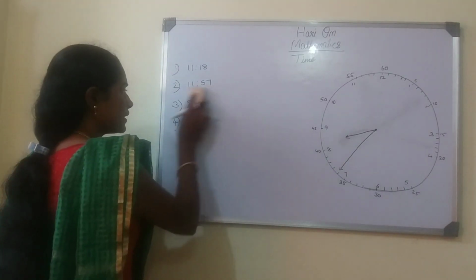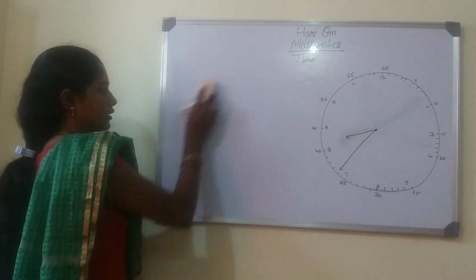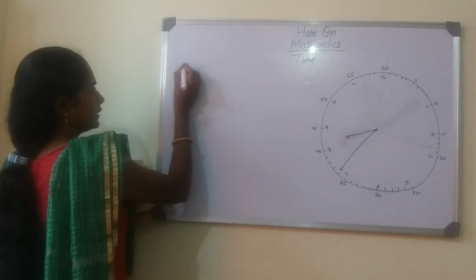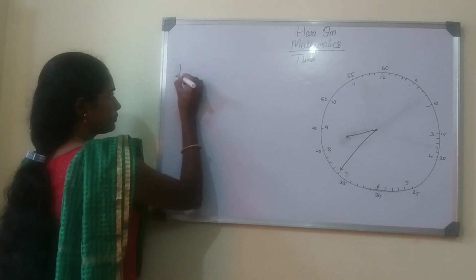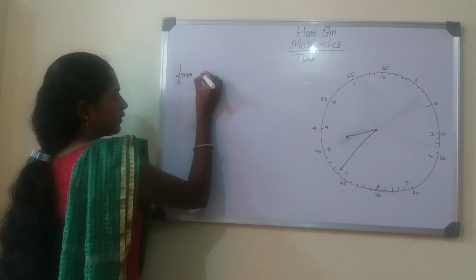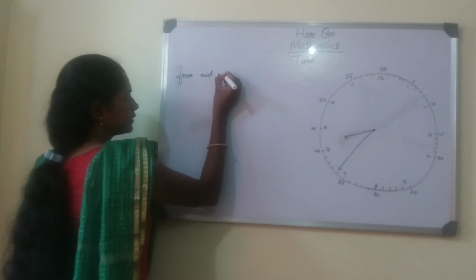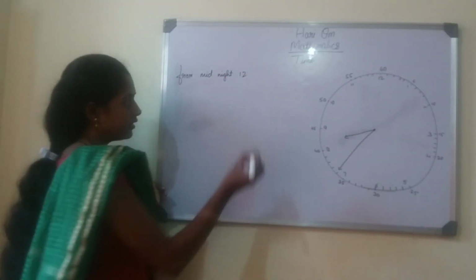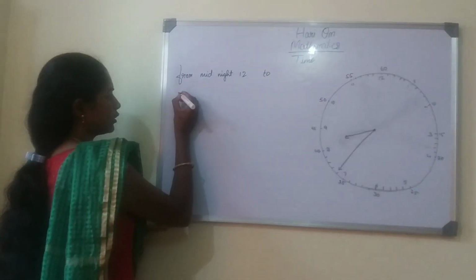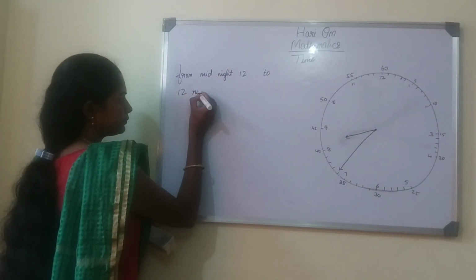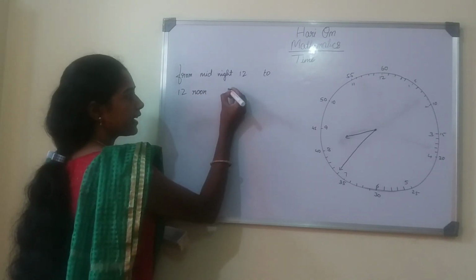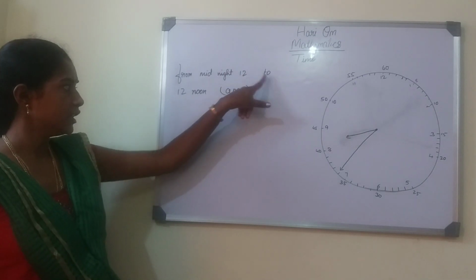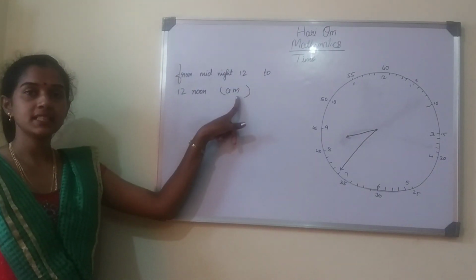So antimeridiem is from midnight 12 to 12 noon. Okay children, so from midnight 12 to afternoon noon, it is AM.